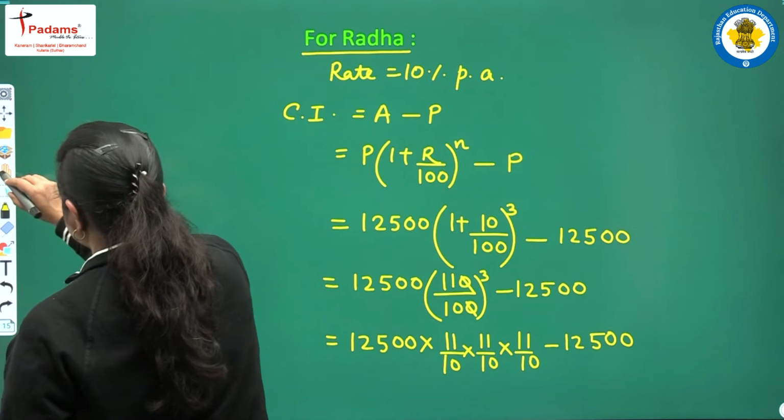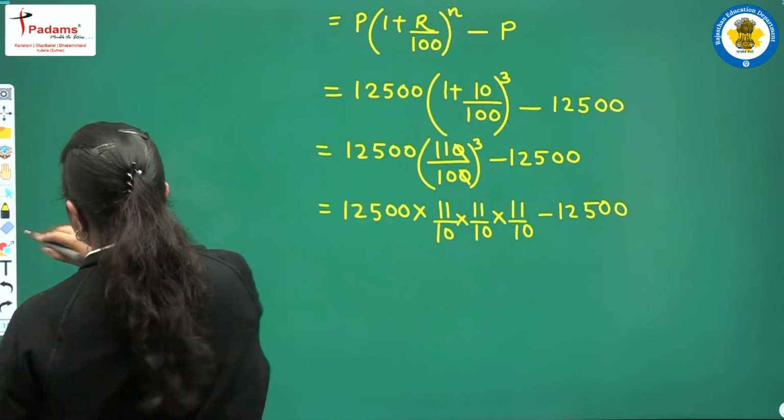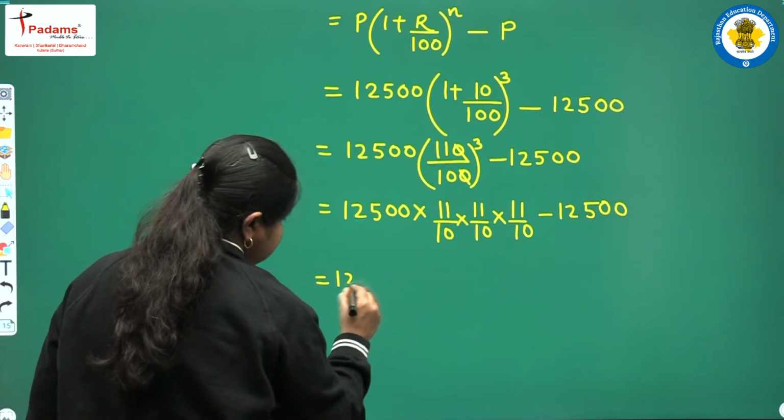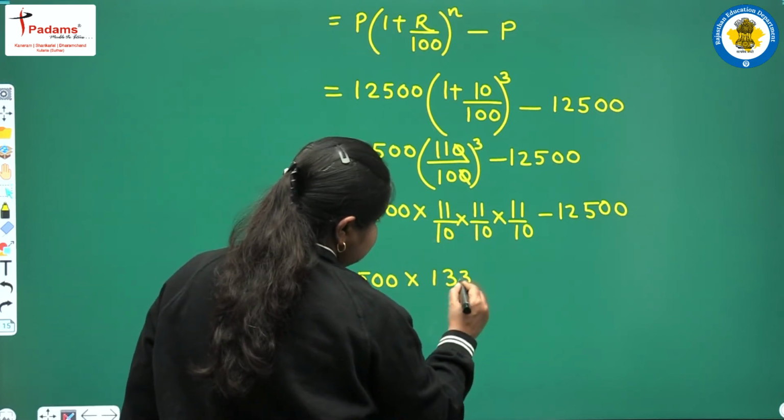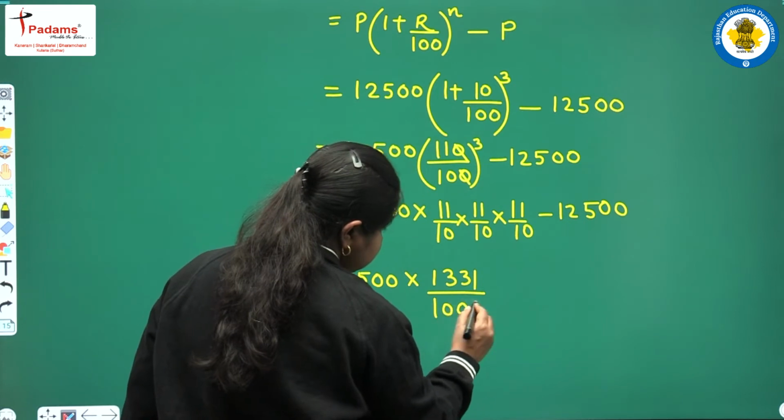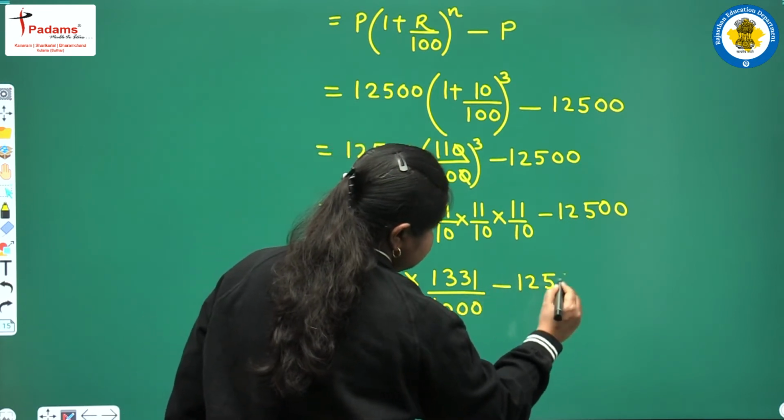On simplifying we will get this as 12,500 into 11 cube, it's 1331, और 10 cube it's 1000, minus 12,500.